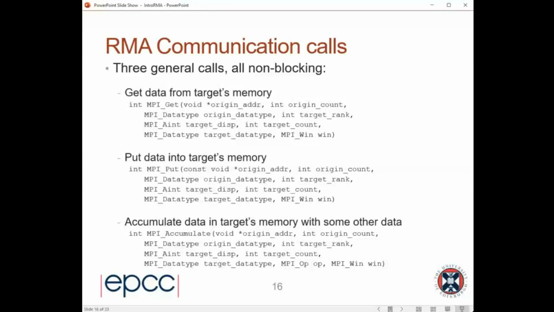So there's a thing called MPI accumulate, which allows you to add. So you have an MPI op. So that's a put, but the MPI op could be MPI sum. So that wouldn't just write the data, it would add to it, which can be useful. But the important point is that put and get, the prototypes are identical, but the data transfer is in different directions in the 2 cases.